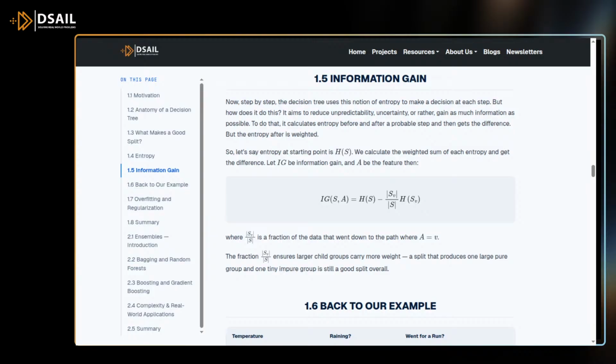We add them up, but in adding them up, we do a weight. Sorry, this formula is not as clear. It's clear in the notes. We do a weight of the value against the total, so it's like a weighted sum. Then we subtract from the initial entropy, and then we see how much information we have gained from that. And we make a decision based on that.